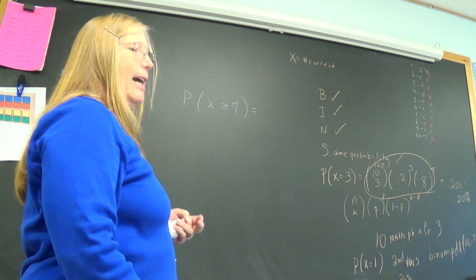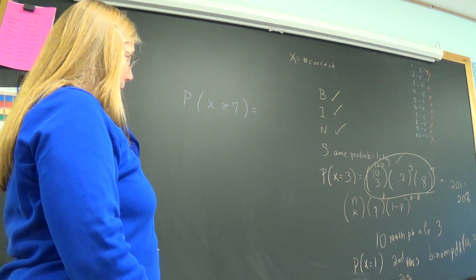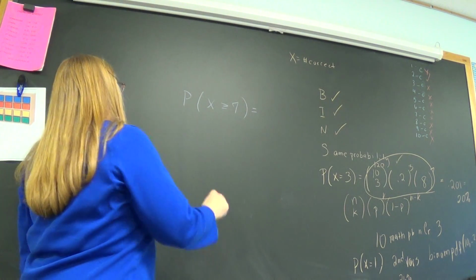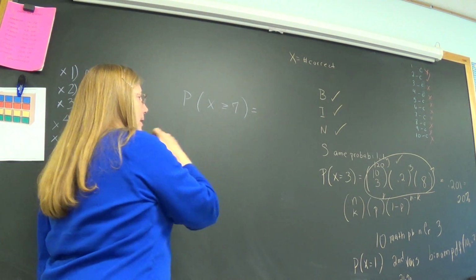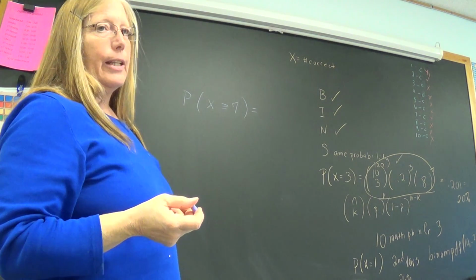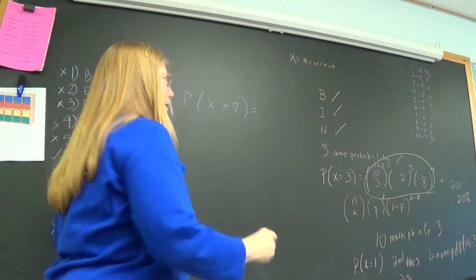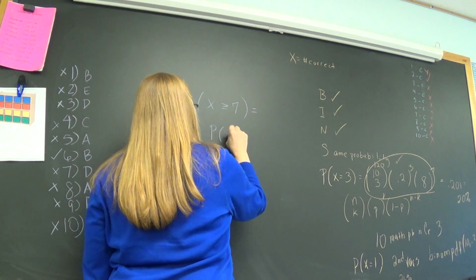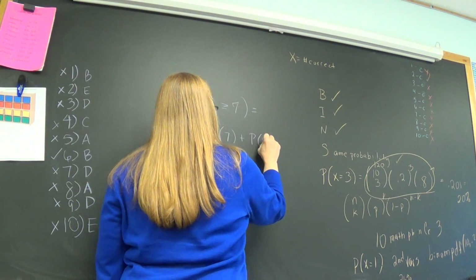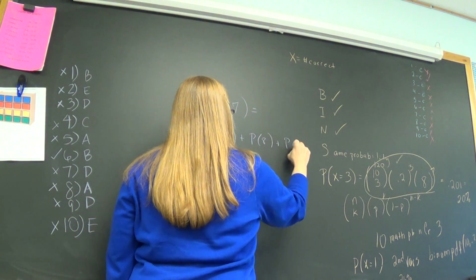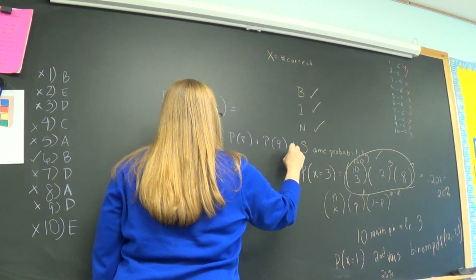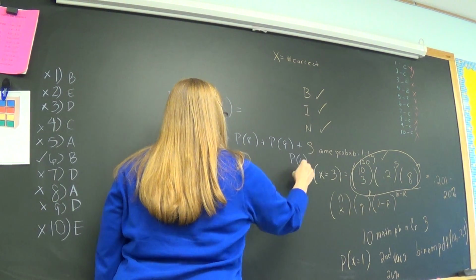What do you think we would have to do? MK, any thoughts? Greater than or equal to 7 would include what results? 7, 8, 9. All right, so we would have to do the probability of 7 plus the probability of 8 plus the probability of 9 plus the probability of 10, and that would give us the correct answer.